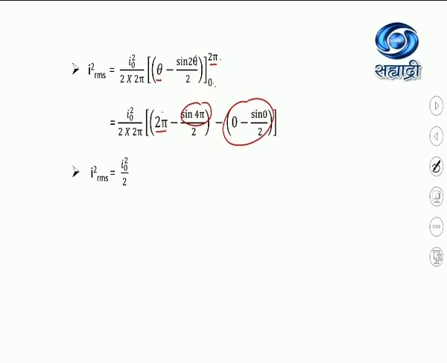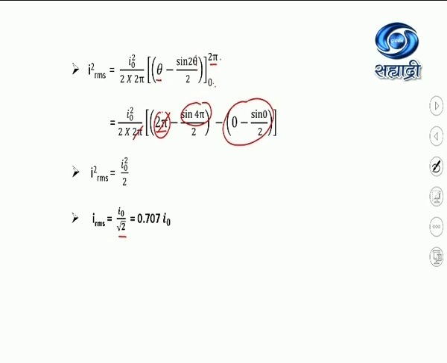So what is left here is only 2 pi, and this 2 pi will get cancelled with this 2 pi. So we get I square RMS equals I naught square upon 2, and taking the square root we get I_RMS equals I naught upon root 2. The value of root 2 you know is 1.414, and 1 upon root 2 is 0.707.